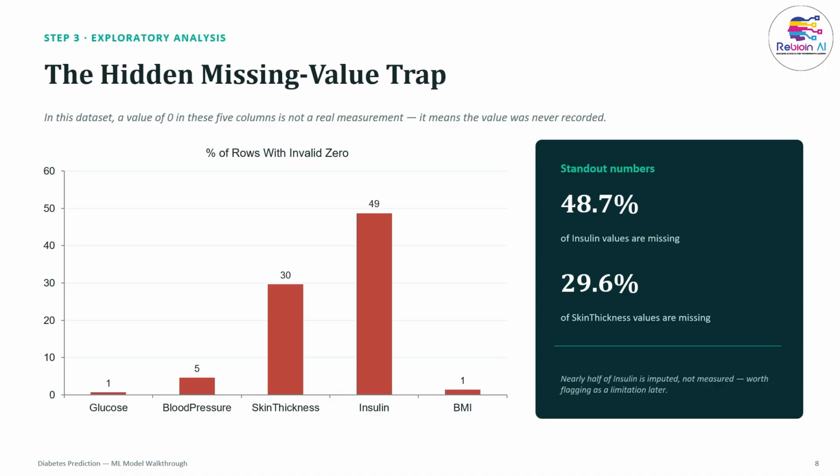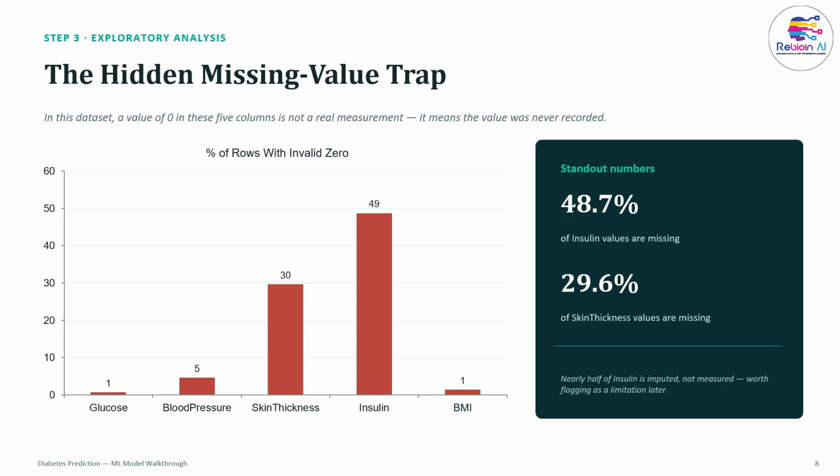And skin thickness is missing in almost 30% of the data set. Now, compare that to glucose and BMI, which are only missing in about 1% of cases. This is one of the most important findings in the whole project, and it's the kind of thing that separates a good analysis from a careless one.